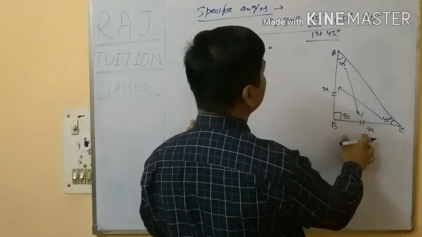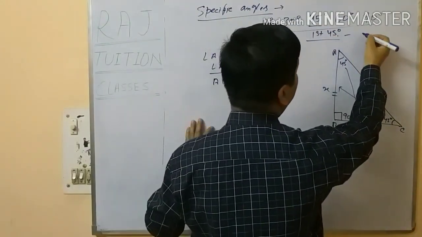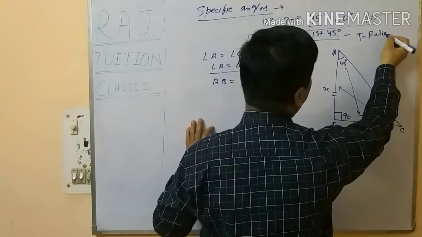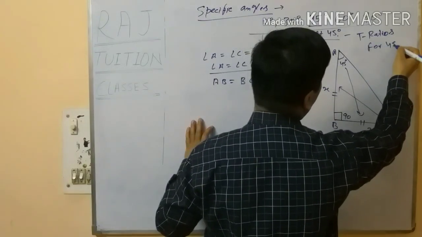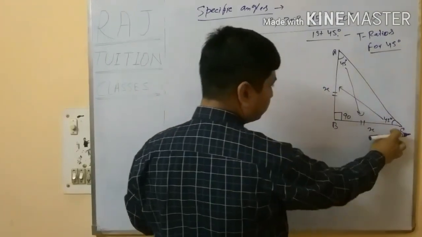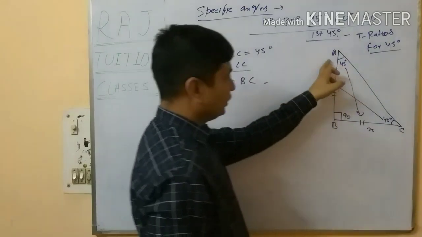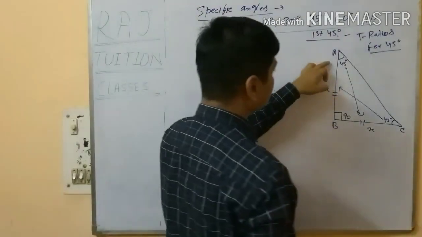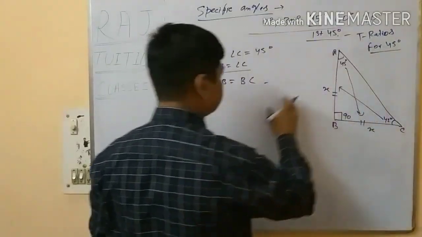What are we going to find? We are going to find the values of T ratios for 45 degree. For 45 degree, you may take either angle C or A, because both are 45. We can take angle A as 45 or angle C as 45 to find the ratios.